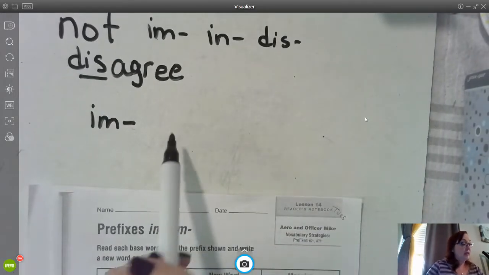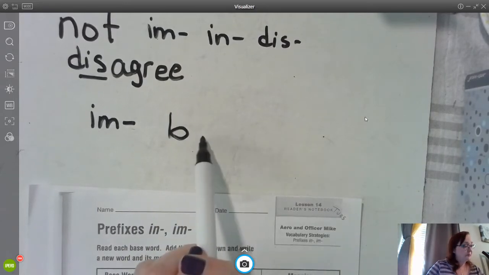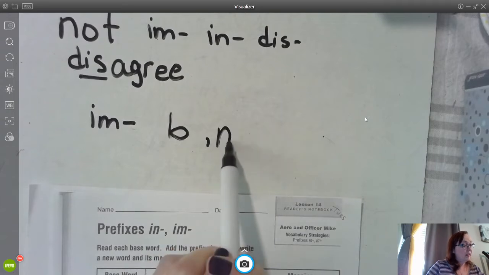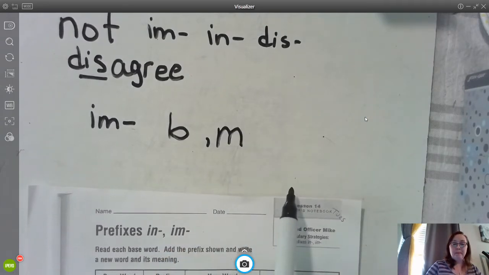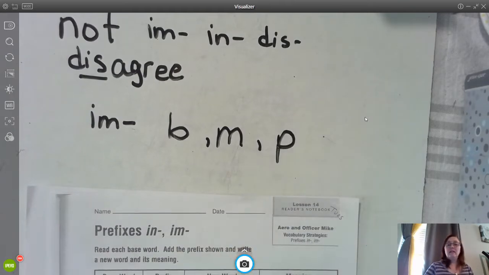There's three of them. If the word starts with a B, an M, or a P, you're going to use the prefix IM to get the opposite.